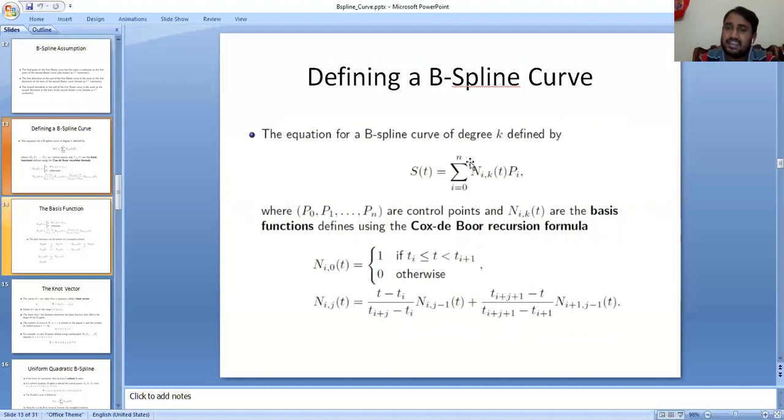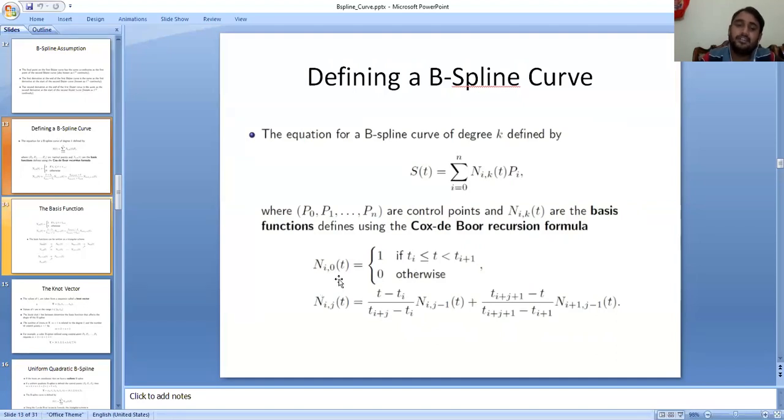This N_{i,k}(t) is defined by the Cox-de Boor recursion formula. What this formula says is that N_{i,0}(t) is equal to 1 if t is between t_i and t_{i+1}, otherwise 0.